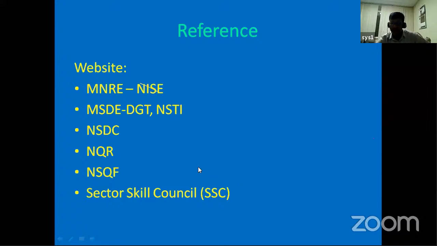For startups, you can take the workforce from this training side. There is no need to advertise that you want skilled people. Just approach the Ministry of Skill Development and Entrepreneurship.